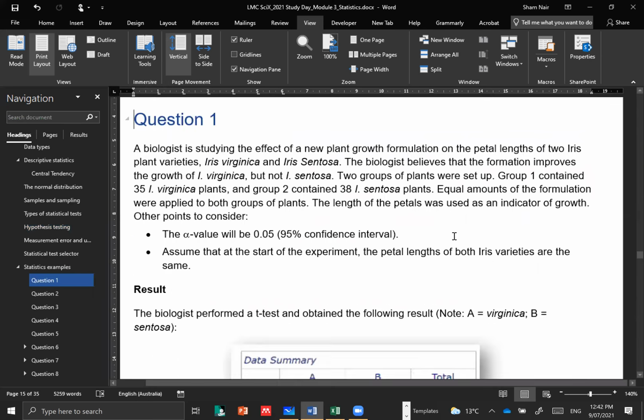So the scientific hypothesis here is supported. Okay, that's what these sorts of questions allow you to practice, your ability to look at a statistical output and then use that as evidence to support your conclusion.